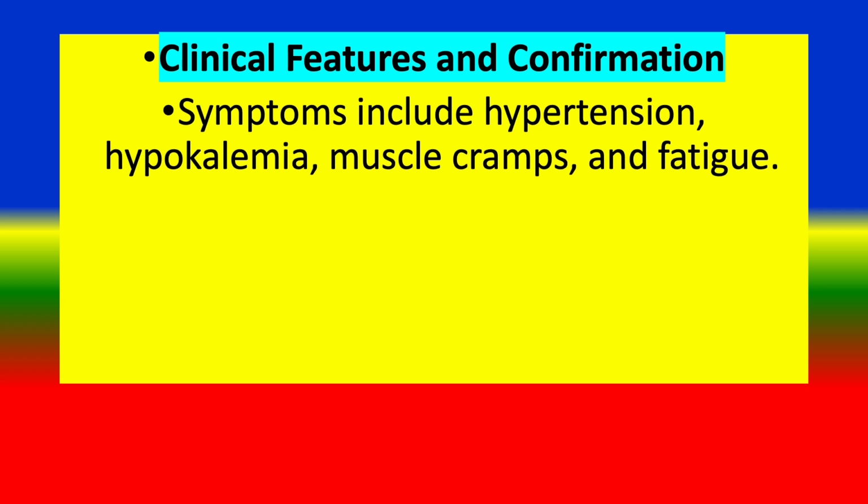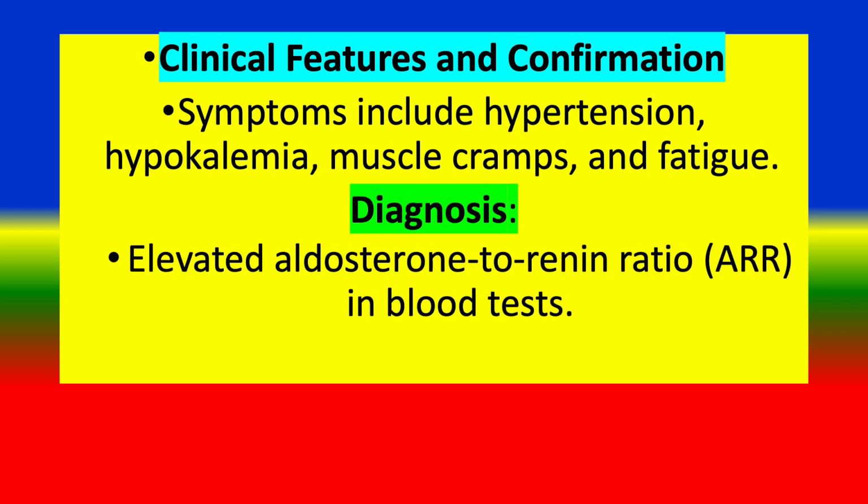Clinical features and confirmation include hypertension, hypokalemia, muscle cramps, fatigue. Diagnosis: elevated aldosterone to renin ratio, ARR, in blood test.